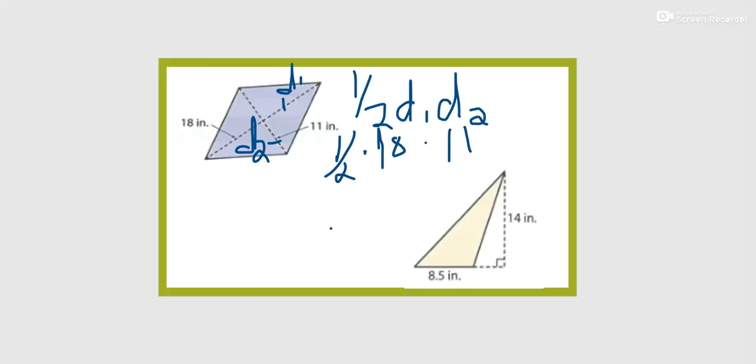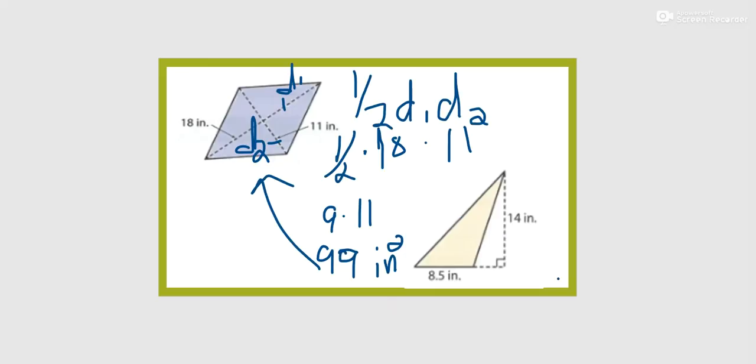If we do 1/2 of 18, that's 9 times by our 11, we get 99 inches squared for our rhombus.